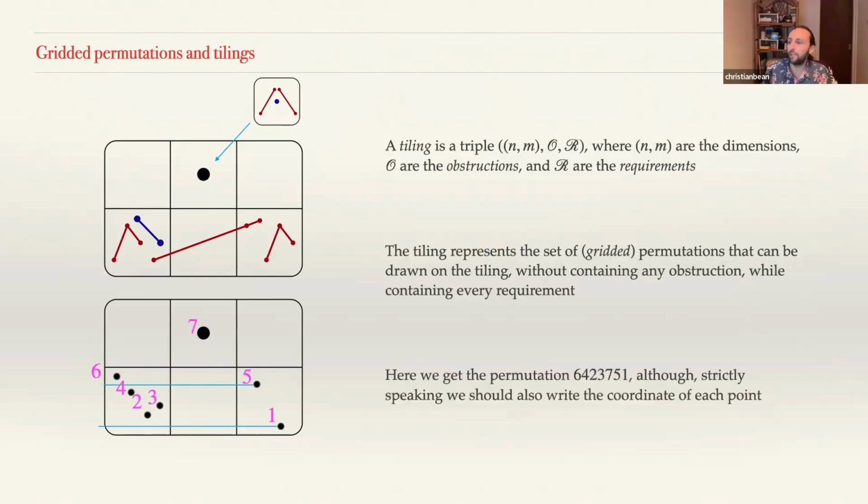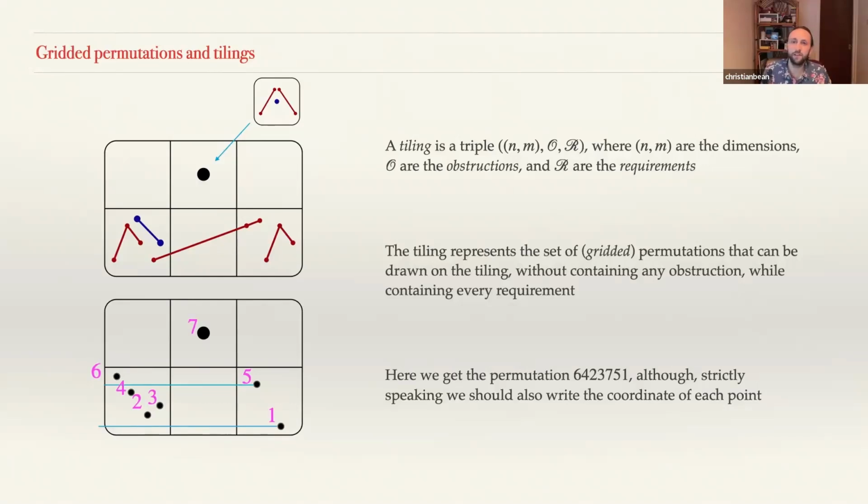So here we see that the permutation 6423751 is a permutation on this tiling. Although strictly speaking, we should really say it is a gridded permutation on this tiling, where the 6423 are in the first cell and so on.